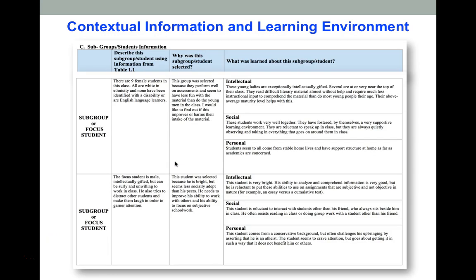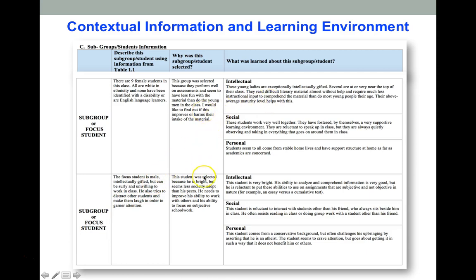So here's what it might look like. Again, this student chose to do gender, and she's going to see if the 9 females did better than the males, and she focused on one male that was intellectually gifted, but he's not doing well. So she shows one student, but typically you're going to choose groups.